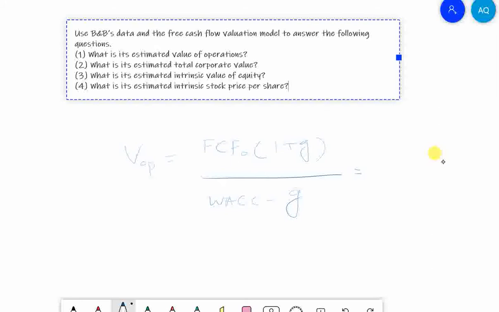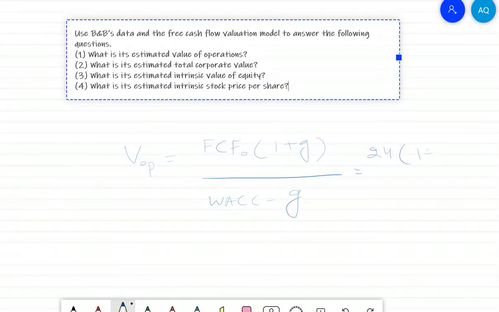By calculating all of these, we will have value of operations equal to 420 million. That is our first part.